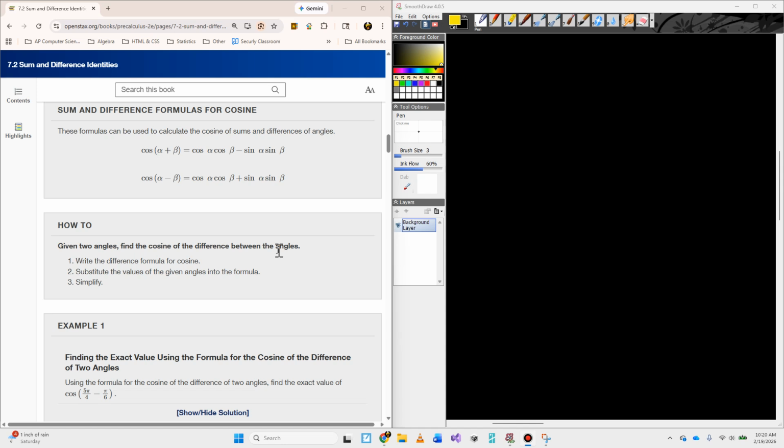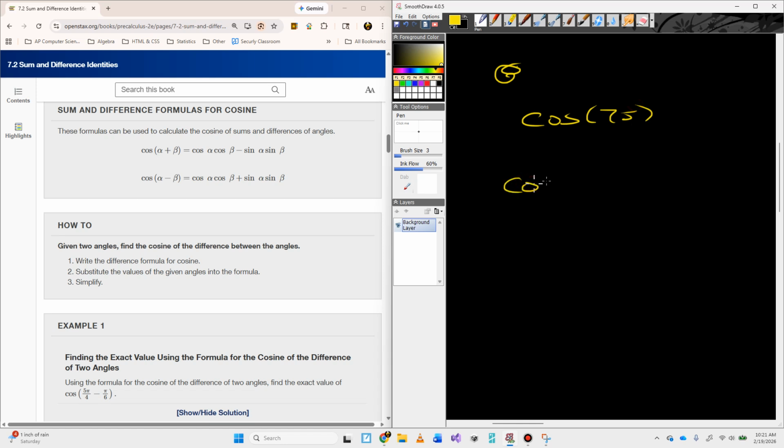Now, here's the thing. I could get just the cosine of alpha plus beta. So let's say, for example, that I'm looking at the cosine of 75.